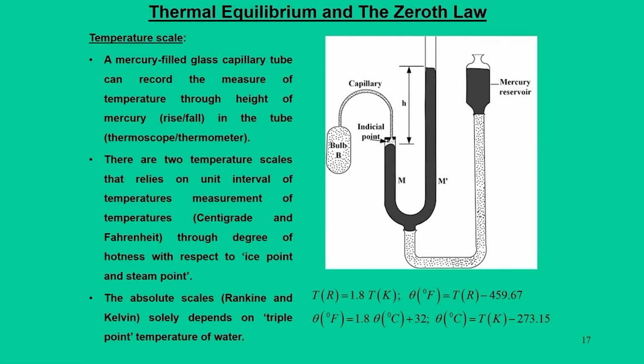Based on these we can see a rise or fall of mercury in a particular device, which we call a thermometer, and based on this rise and fall of mercury we quantify the temperature of the system.